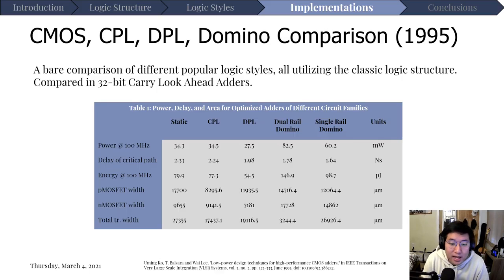On the other hand, DPL has a lot of advantages over CPL in terms of power, speed, and delay. We can see that reflected here, as DPL is the most power efficient and has the lowest delay out of all these static components. But because it also uses PMOSFETs, it is slightly larger than CPL, while still being static. So this was a good comparison of these basic techniques when the full adders are chained together into a larger system.